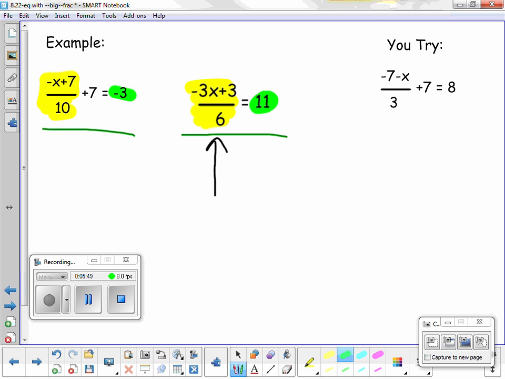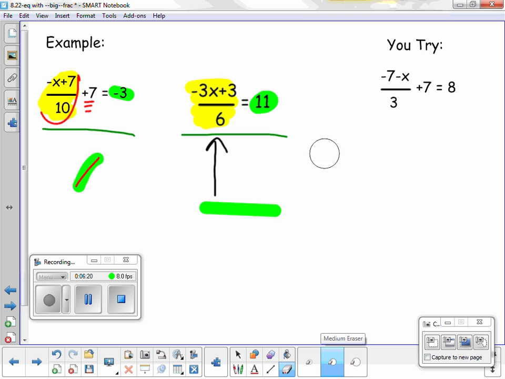So what's the difference? Well, notice that the big fraction has a number being added to it on the left, but over here there is no number being added or subtracted for that matter to it. So that means that before I can do anything with this problem, I can't get rid of the big fraction until I move this 7.